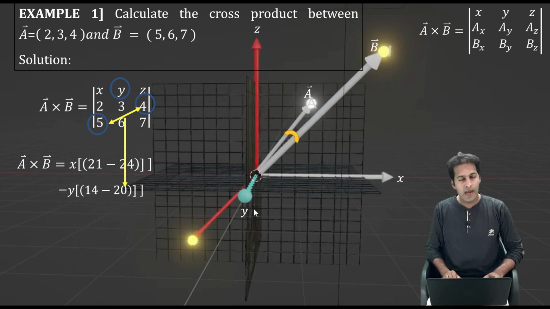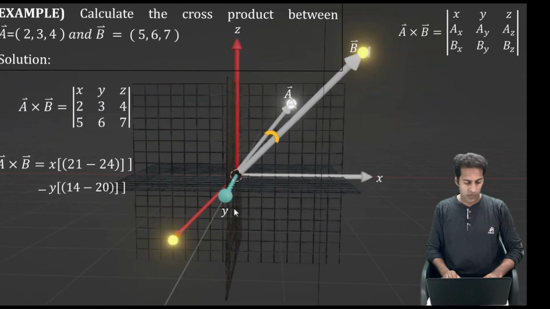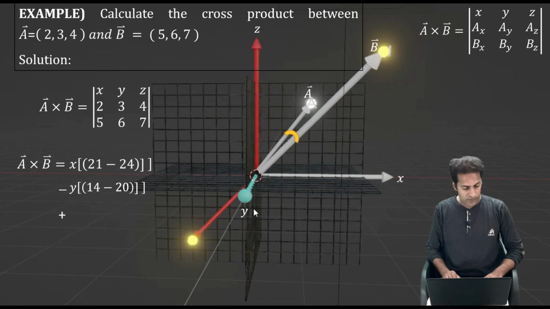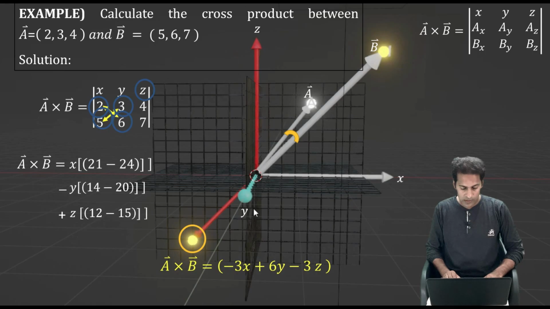At last, we have to add the z component as shown here. For z, we take the cross product from the x and y columns. So it will be 2 into 6 as 12, and 5 into 3, 15. After solving this, we get the cross product of A and B. The values are minus 3x plus 6y minus 3z.